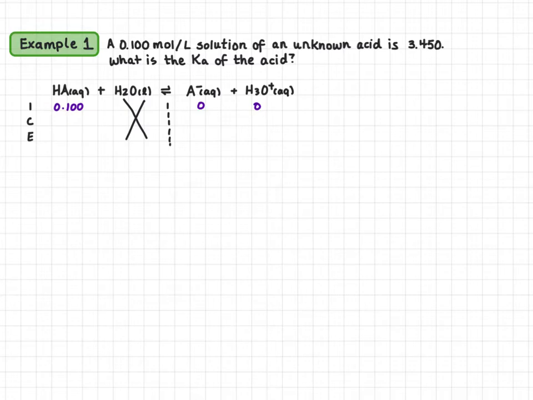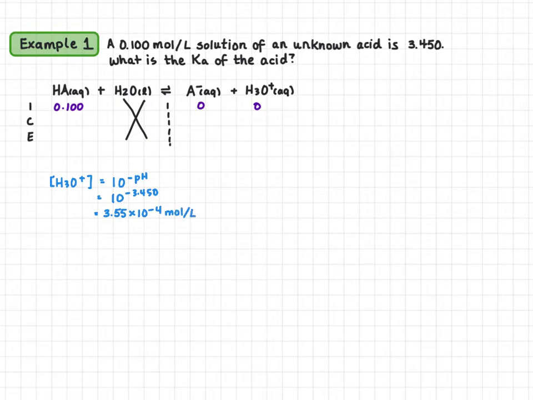We can then fill in our hydronium ion concentration at equilibrium, and we're going to get this from the pH. At equilibrium, our hydronium ion concentration, H3O+, is going to equal 10 to the minus pH, so 10 to the negative 3.450, and we get 3.55 times 10 to the negative 4 moles per liter.